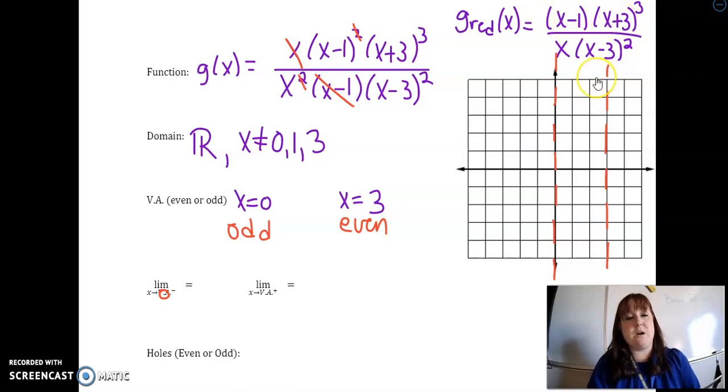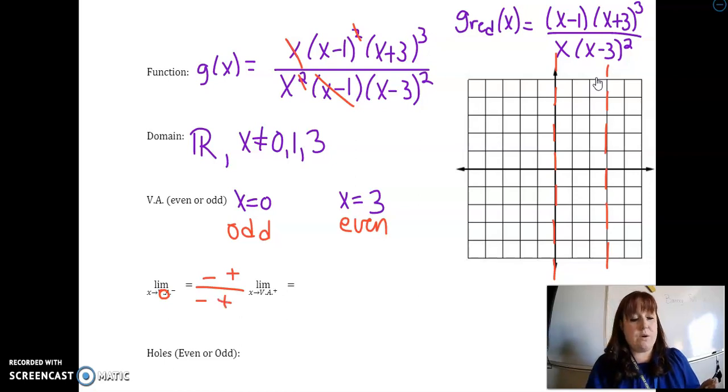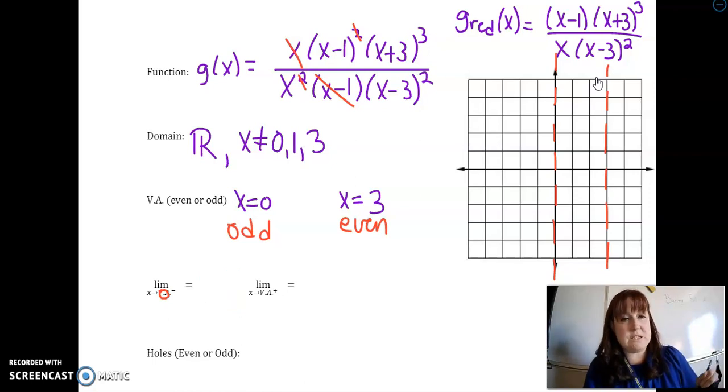So negative times a positive, so I can keep track of this. I have negative times a positive on top. And then on the bottom, if I have a number just slightly smaller than 0, that's a negative. And then the other one is a negative number, but it's squared, so it's going to be a positive. So what do I get? I get a negative over a negative, which is a positive. So the limit as x approaches 0 from the left is going to be a positive number. So it's going to be positive infinity.